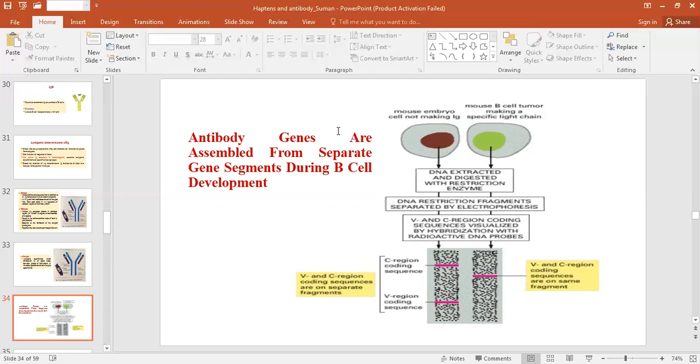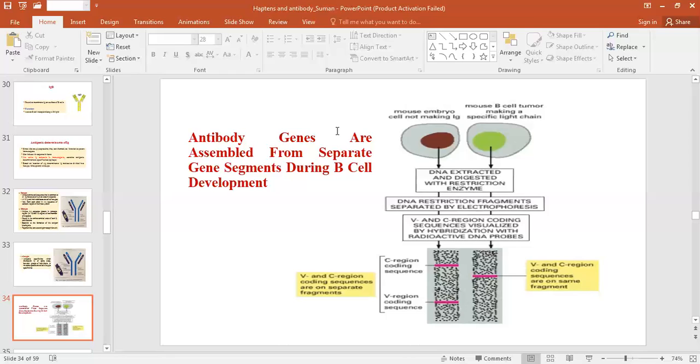If you recall, the variable regions of both the light and heavy chains of an antibody usually form the antigen binding site. Thus, an animal with 1,000 genes encoding light chains and 1,000 genes encoding heavy chains could, in principle, combine their products in 10 to the power 6 different ways to make 10 to the power 6 different antigen binding sites.